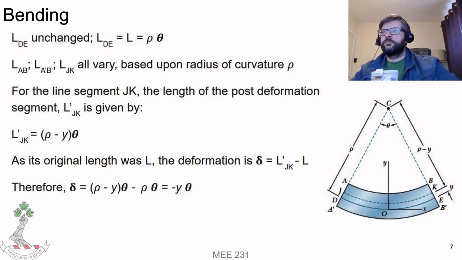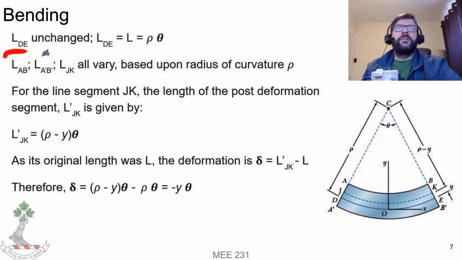Okay, so if we have a look at a segment of a beam that's subjected to uniform bending, we get basically a portion that's curved into an arc of a circle. So this is a segment here. It has a radius of curvature, and you're going to get a certain segment here where the length is unchanged.